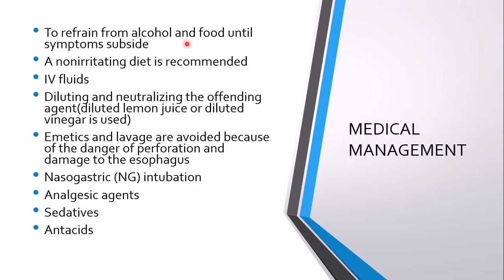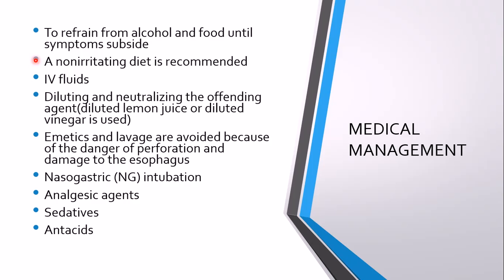Now, as we say, the cause could be alcohol, or the cause could be contaminated food. So we need those food and the alcohol to be cut off from the person's life. And the second thing is a non-irritating diet is recommended. Why we say non-irritating diet? There are so many diets, right? We have spicy, some people have very bland diets.